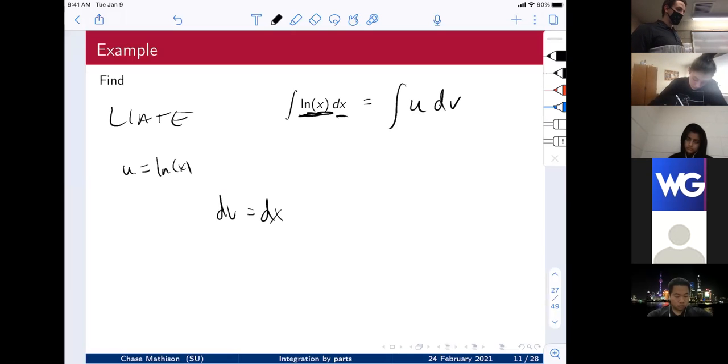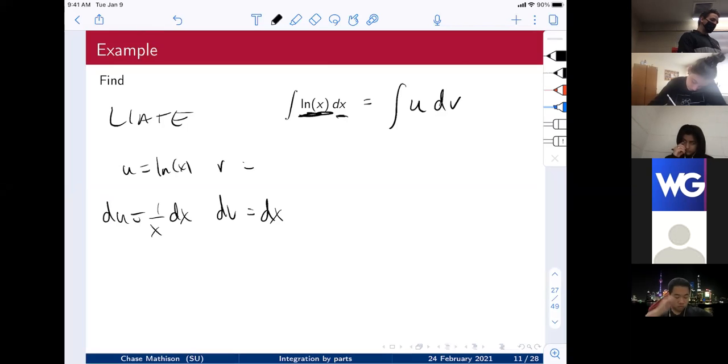Okay. All right, so if u is natural log of x, well, just like last time, that means du is 1 over x dx. And that means v, if dv is dx, then what is v? X, perfect, exactly right.